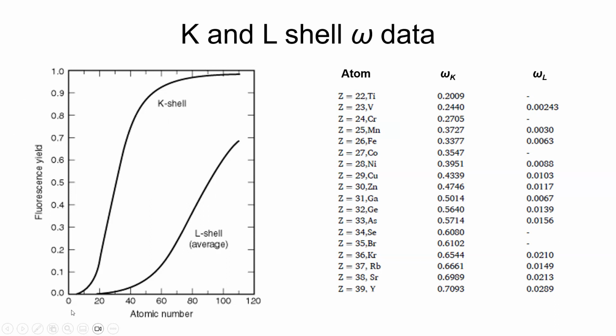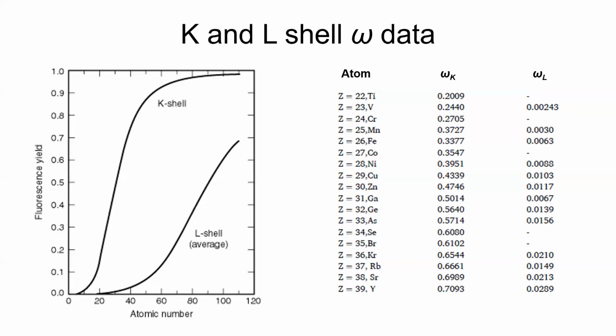So just using something like carbon as an example, carbon has a fluorescence yield of about 1/1000. That means I have to cause 1,000 core shell ionizations to get 1 carbon K alpha X-ray out. So you can see the lighter elements are less efficient in terms of their X-ray generation than the heavier ones are.